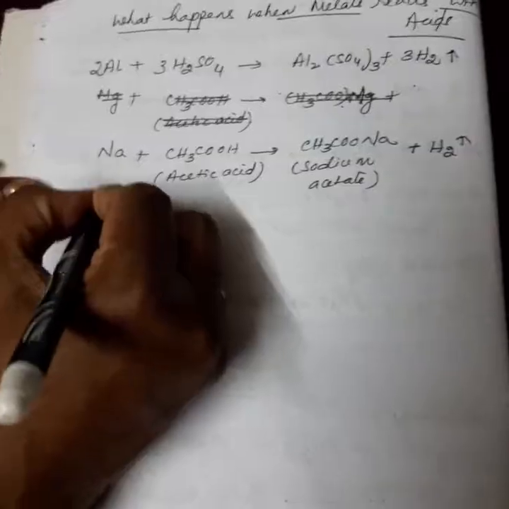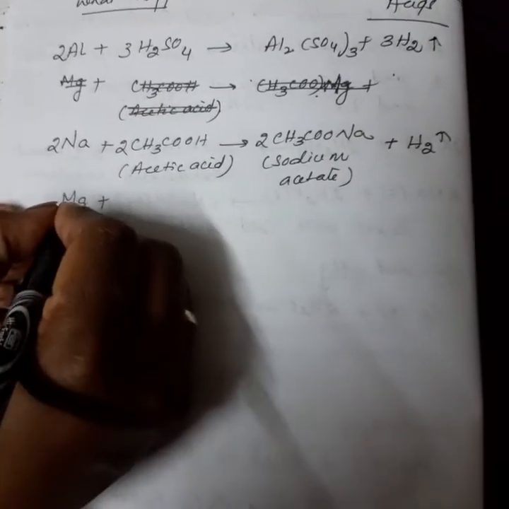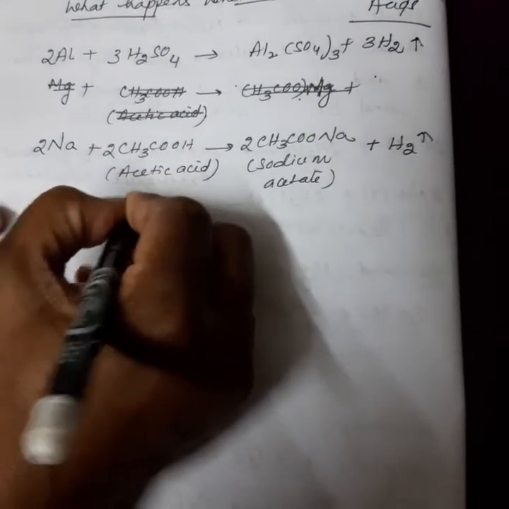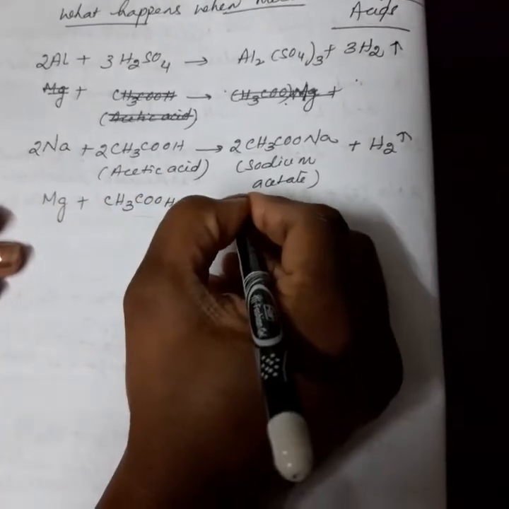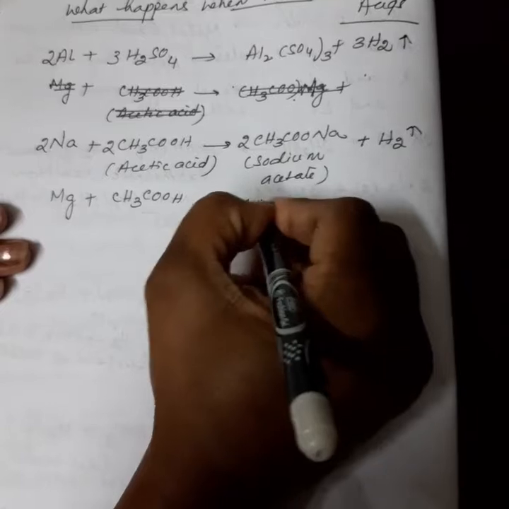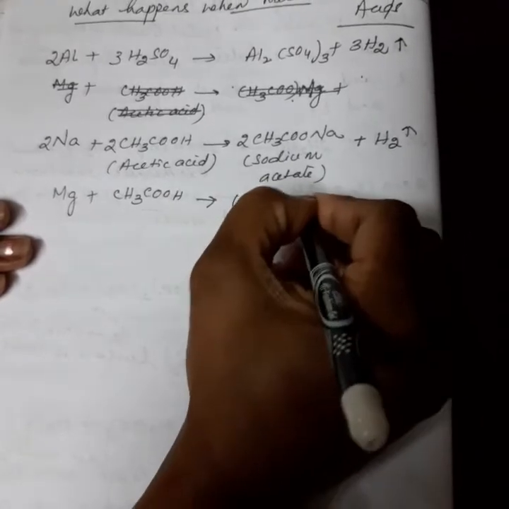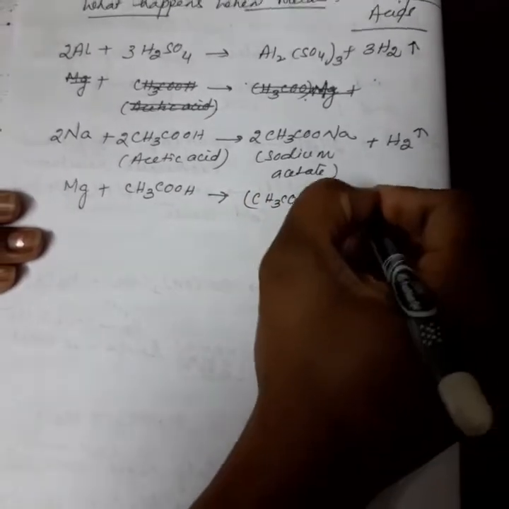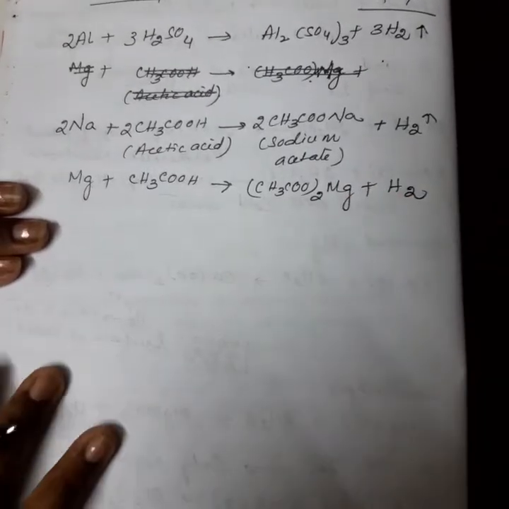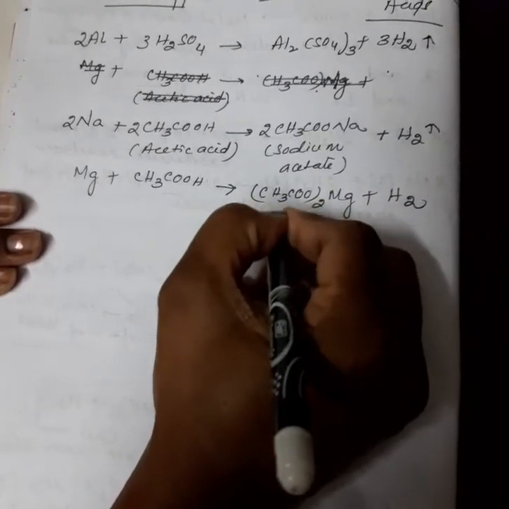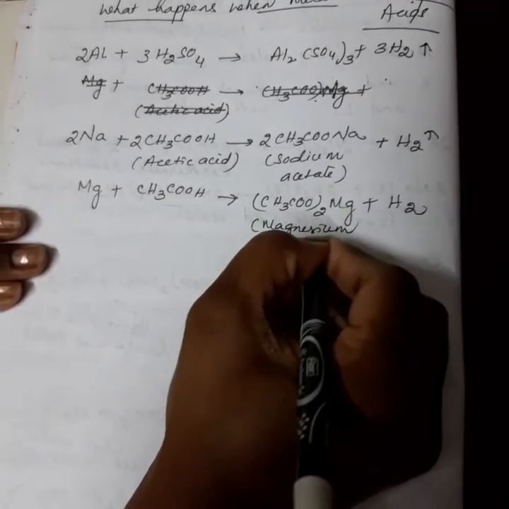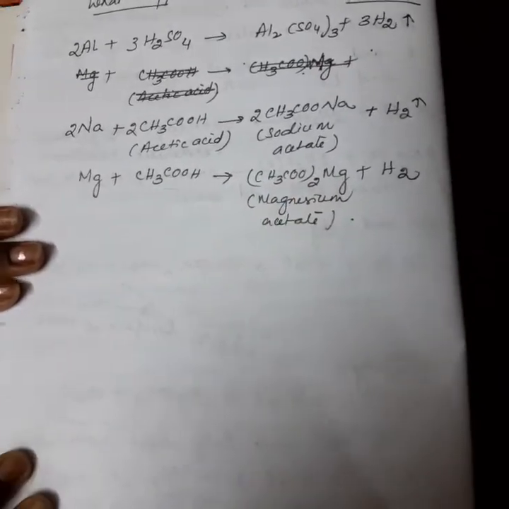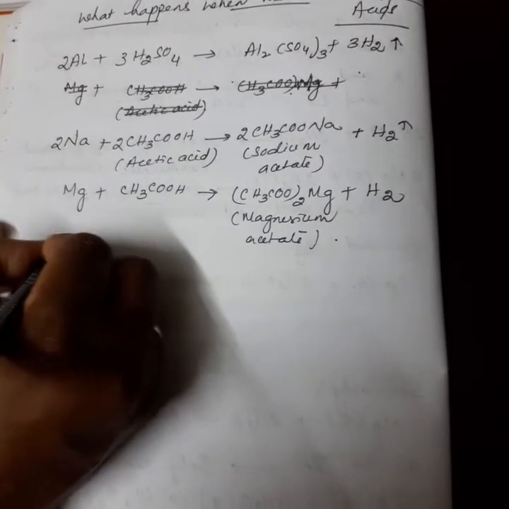Similarly, magnesium can also react with acetic acid. It will give magnesium acetate plus hydrogen gas. Suppose I take metal zinc.